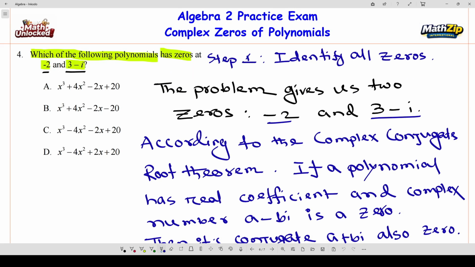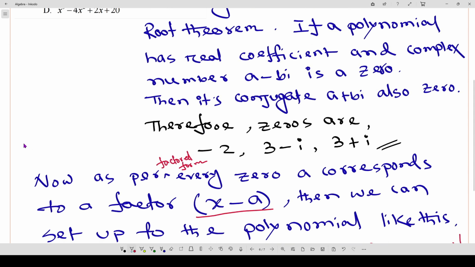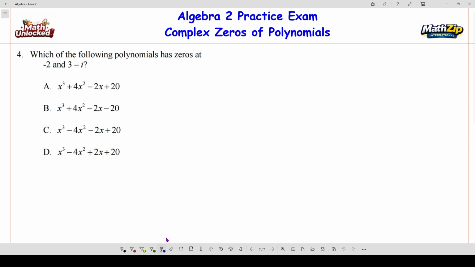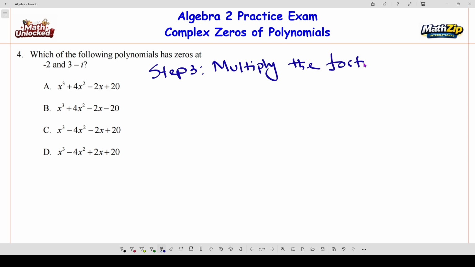Step 1 is identifying all zeros, step 2 is the factored form, and step 3 is to multiply the factors.